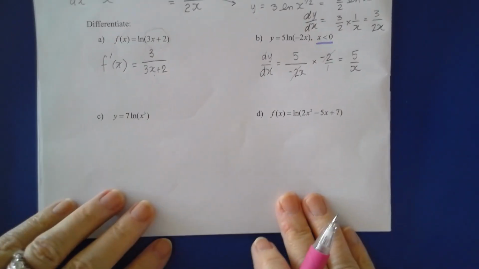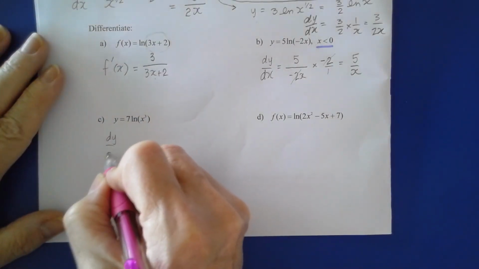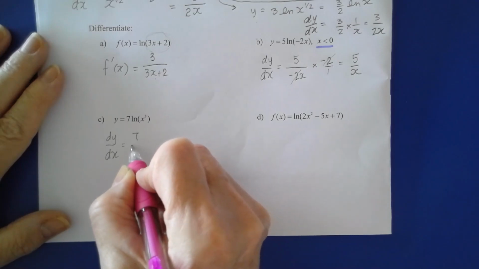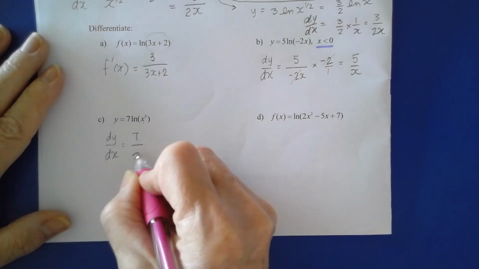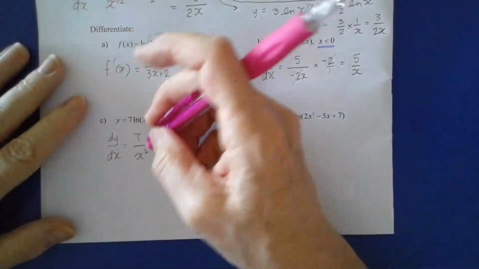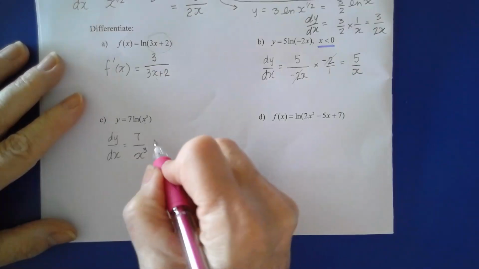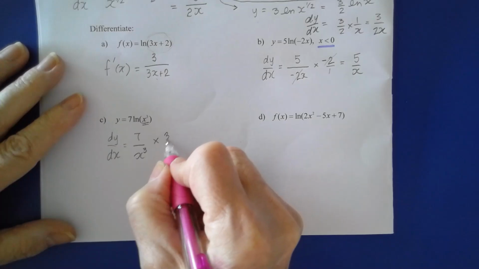All right, here we go. Tell me, dy dx. Now be careful. It's 7 over that. Okay. Ooh, you made me do it wrong. It's 7 over that. Then I do times the derivative of that. 3x squared.